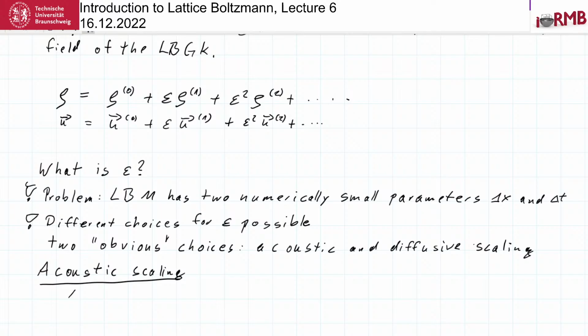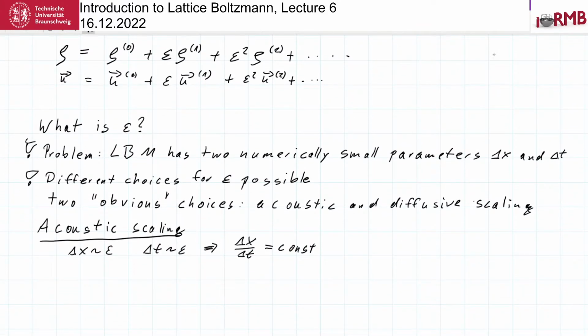So acoustic scaling, let's say we think we're simple persons and we think, okay, let's say delta x should be proportional to epsilon and delta t just also should be proportional to epsilon. Yeah? So that would mean that obviously delta x by delta t would be constant. Yeah, because when we make the one smaller, the other one goes smaller by the same amount.